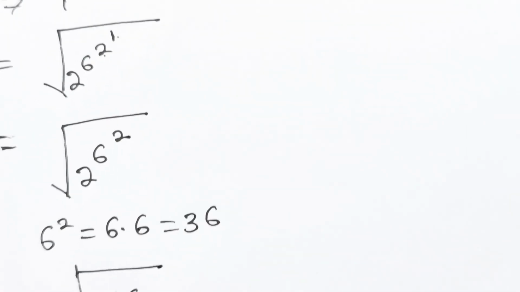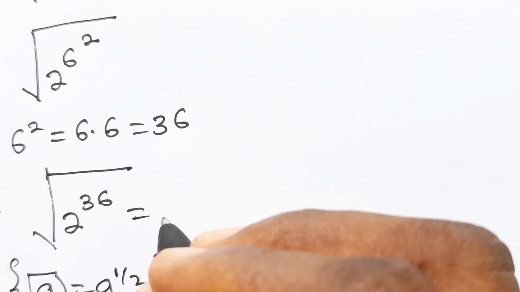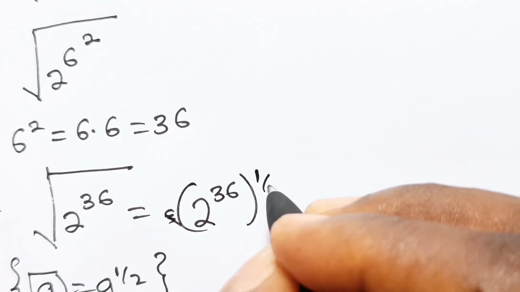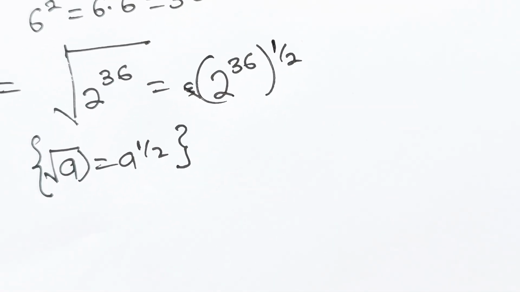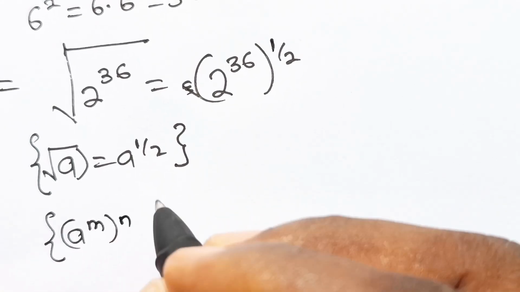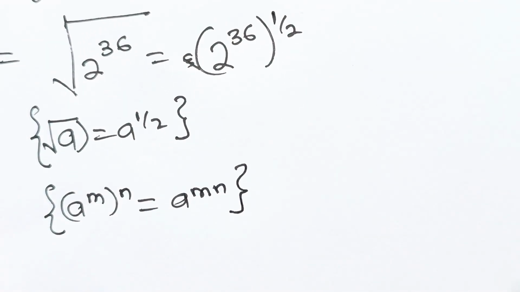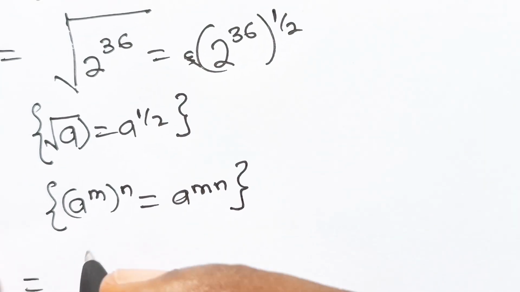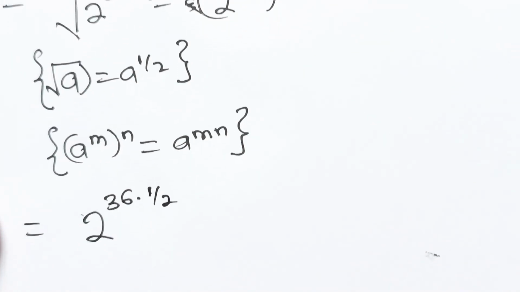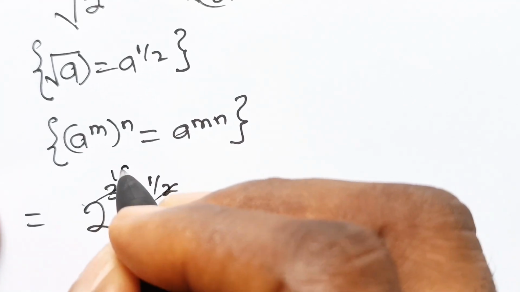So this is equal to 2 to the power of 36 raised to the power of half. Also note that a to the power of m raised to the power of n is equal to a to the power of m times n. So we have 2 to the power of 36 multiplied by half, and this is equal to 2 to the power of 18.